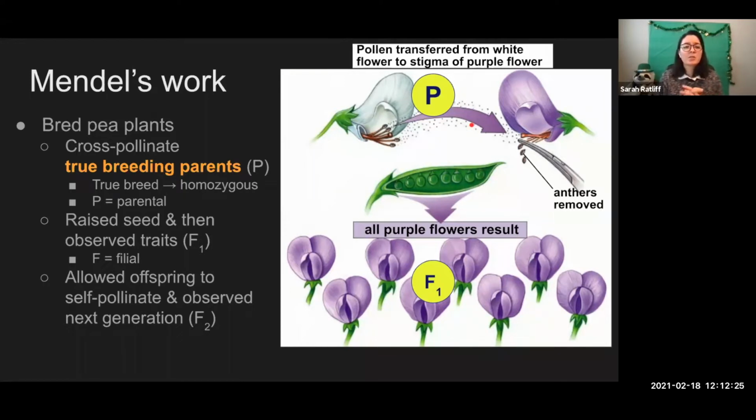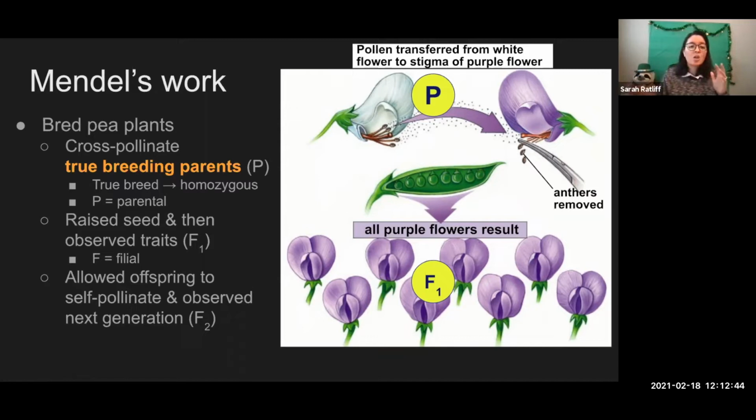In his parental generation, he had what are called true breeding plants. When something is true breeding, that means they are homozygous, either both capital letters or both lowercase letters for their genotypes.